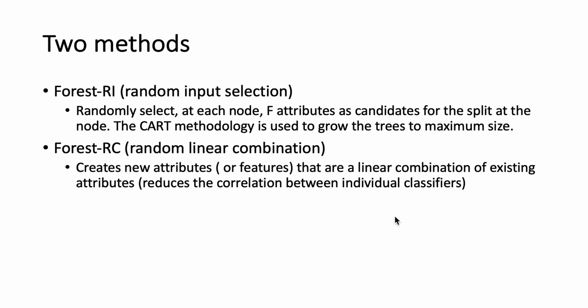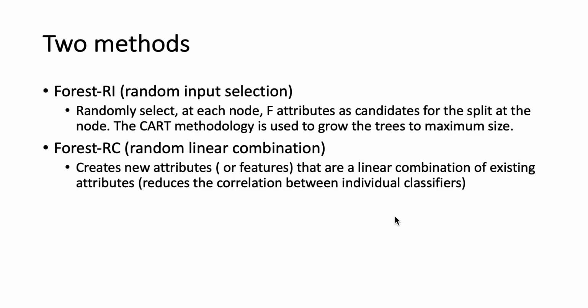There are usually two methods to create a random forest. One is called Forest-RI, random input selection. It randomly selects at each node F attributes as candidates for the split at the node.